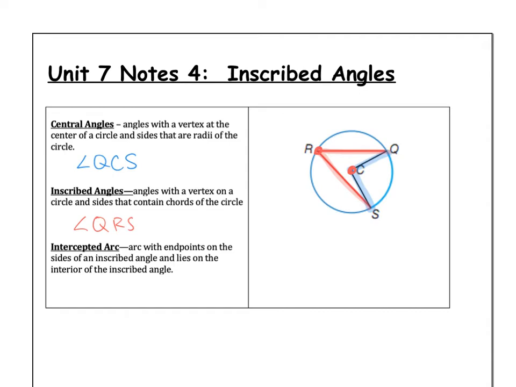So for a central angle, the corner of the angle is at the center, and for an inscribed angle, the corner is on the circle. And then last but not least, when it talks about an intercepted arc, they're talking about the arc that the angle opens up to. So arc QS, with that little curve above it, would be considered an intercepted arc. It's like the part of the circle that the angle opens up to.